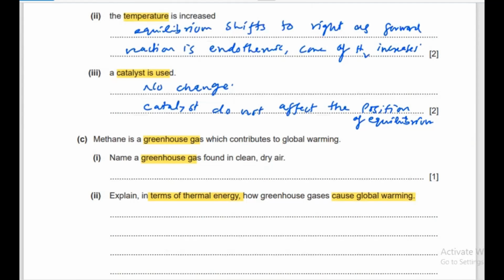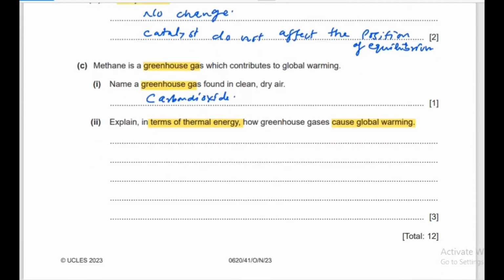Now, the greenhouse gas found in clean, dry air is carbon dioxide. Now, explain in terms of thermal energy how greenhouse gases cause global warming.